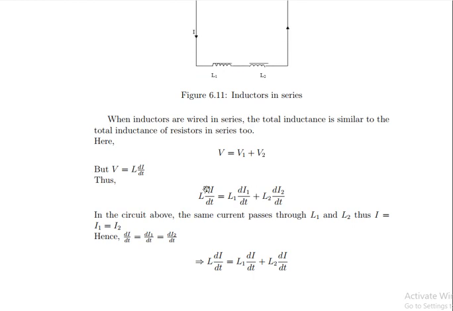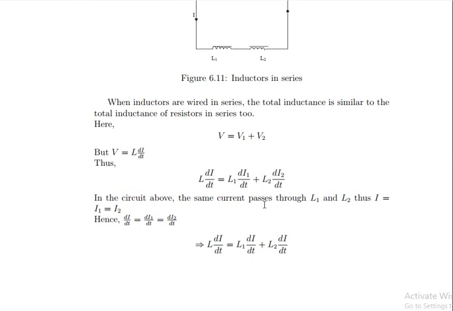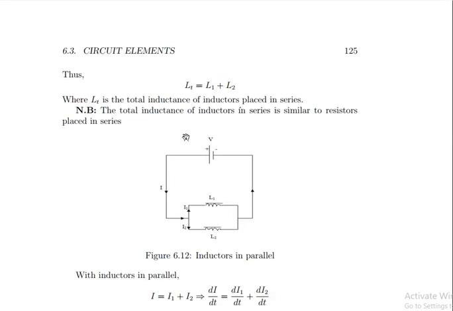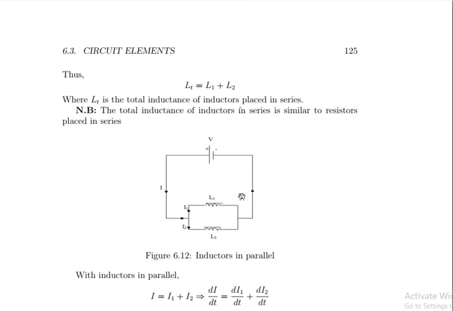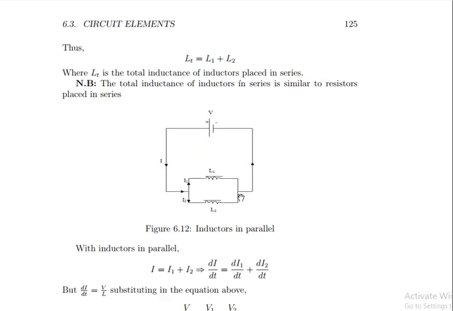So the di over dt is going to be the same. All this causes L total to be equal to L1 plus L2. So we realize that the inductance of inductors in series is the sum of the inductances, similar to resistors connected in series.